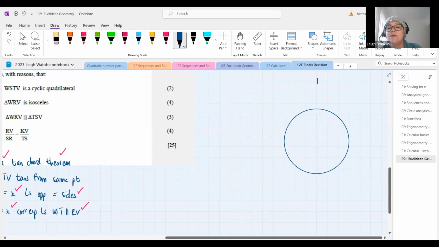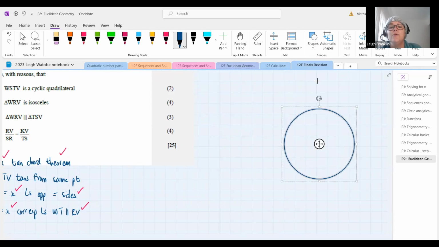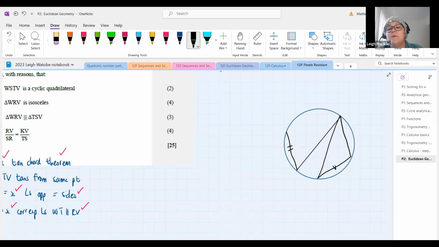Okay, so imagine now you have a chord here and you have another chord over there, but these chords are equal in length. And this chord subtends that angle at the circle, and this chord subtends that angle at the circle, then these angles here will be equal to one another. That's equal chords subtend equal angles. So it's a corollary of angles in the same segment.